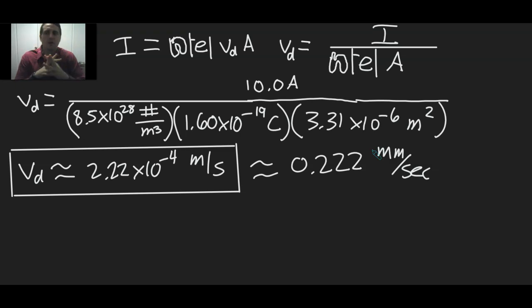That's extremely slow. Now you may ask, are the electrons moving extremely slowly in terms of their speed? Well, no. That's because they're bouncing around almost like an ideal gas, depending upon the temperature and so on. But their net movement is in the direction of the electric field. Now, by the way, we know electrons actually move in the opposite direction of the electric field.